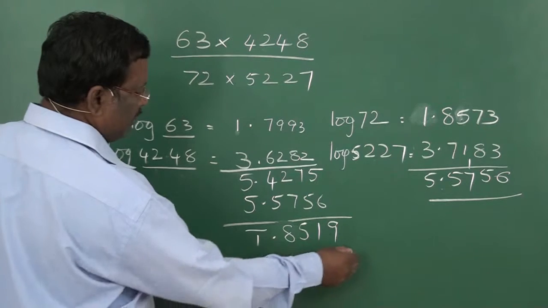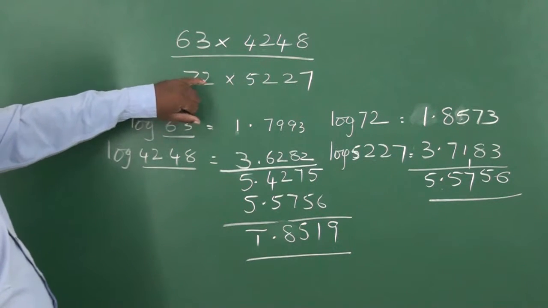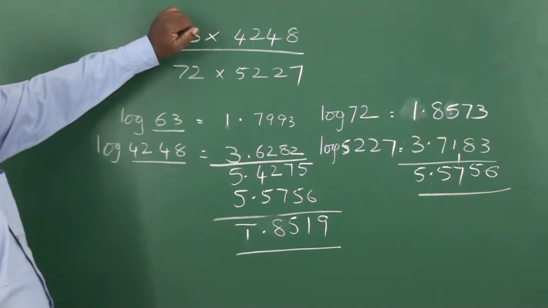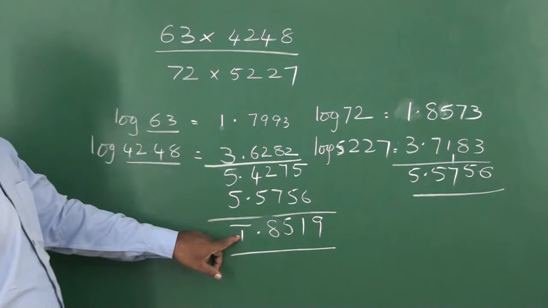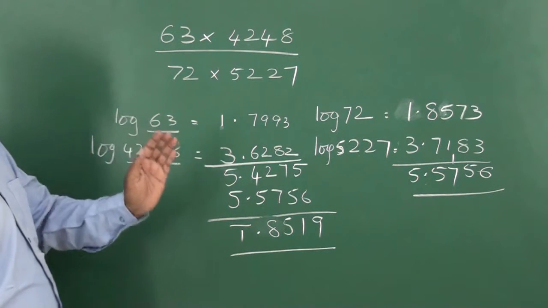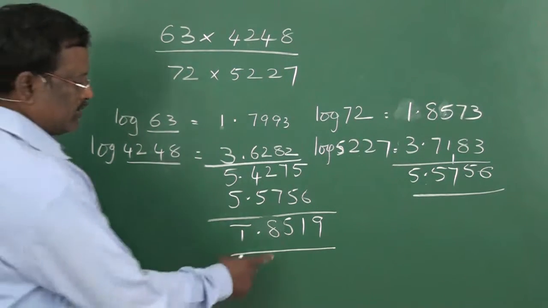We'll write it like this, bar 1, because here the denominator has a larger value than the numerator. That's why you will get decimals here. So you got minus 1 as the characteristic. That means the answer will have 0 point something. That something you will get from the mantissa.